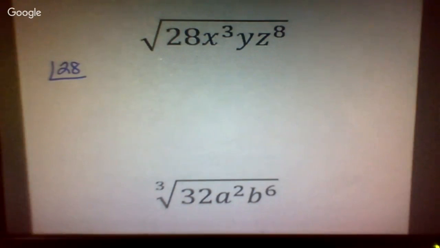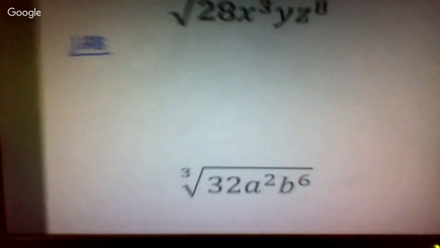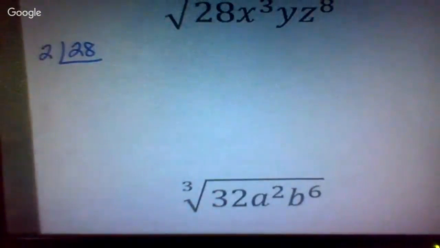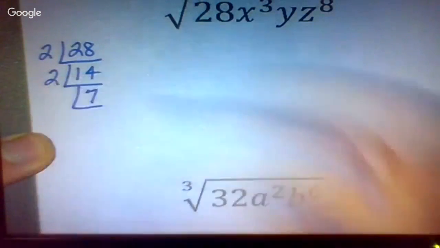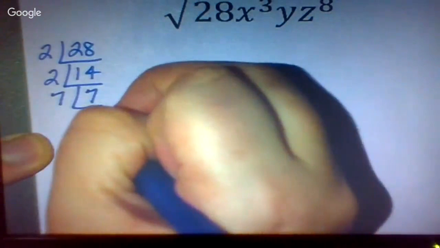What goes into 28? 2. When I divide by 2, I'm left with 14. What goes into 14? What goes into 7? And we're left with?